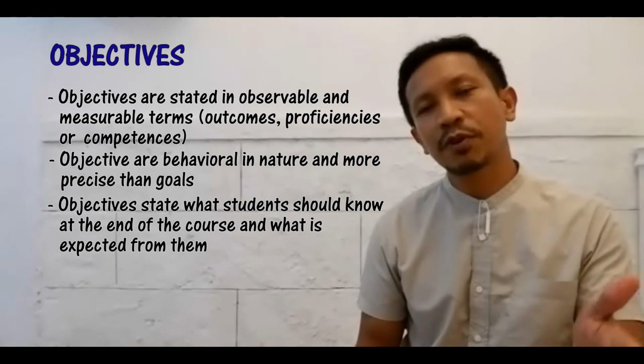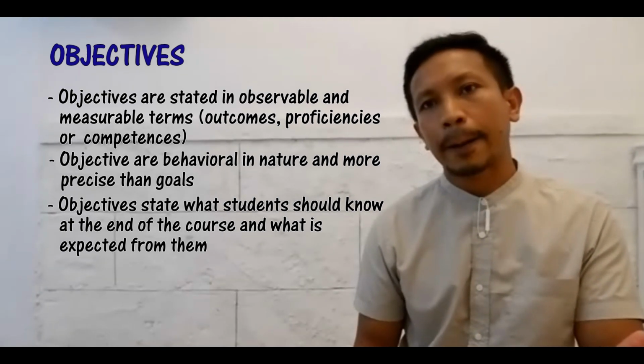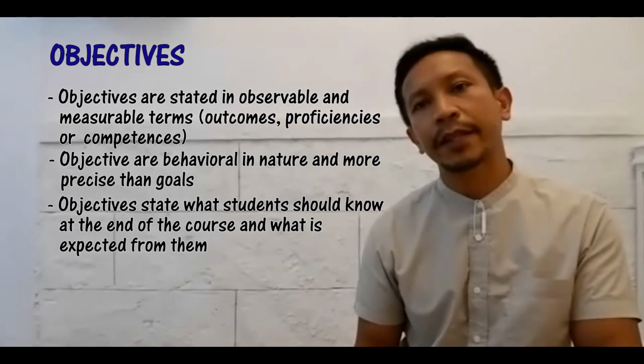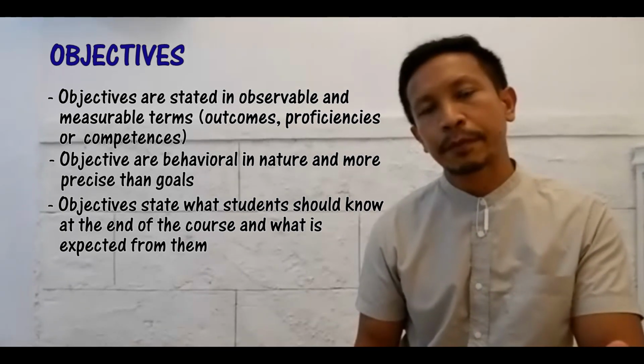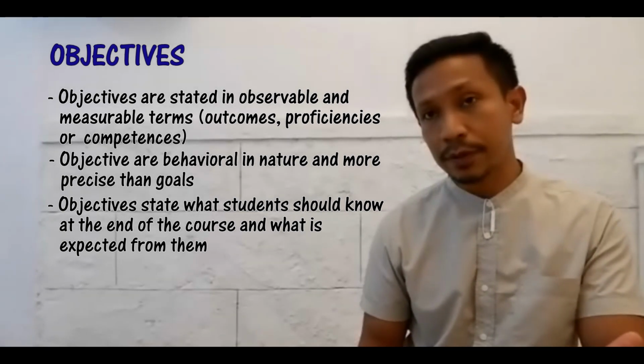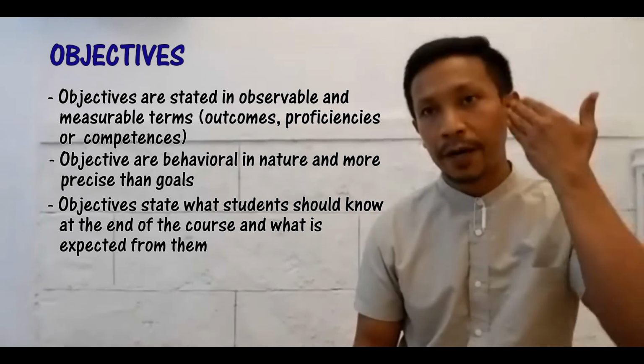So when we write objectives, for example, I'm going to teach you speaking today, and then my objective is at the end of the course you will be able to talk about your parts of body.